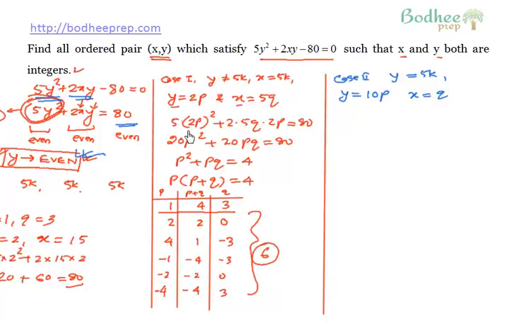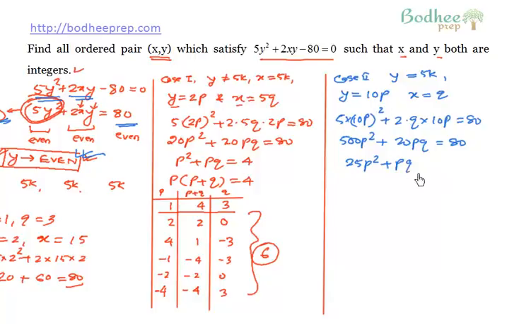Now again, substituting into equation 1 here, we'll be getting 5 into (10p) whole square plus 2 into q into 10p is equal to 80. On simplification, I'll be getting this as 500p square plus 20pq, which is equal to 80. Now dividing by 20 on both sides, we'll be getting 25p square plus pq is equal to 4.